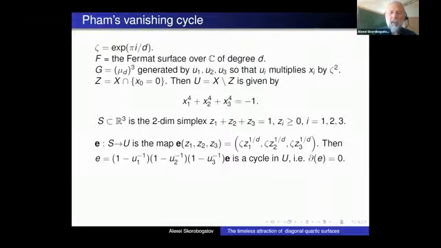So we take this cell and apply to it this element of the group ring of G. Okay, so u1 multiplies the first coordinate by the dth root of unity, and the part of the boundary of this cell given by the coordinate 1 is eliminated if I apply this element of the group ring to my cell. So we get a cycle. So this is a cycle.